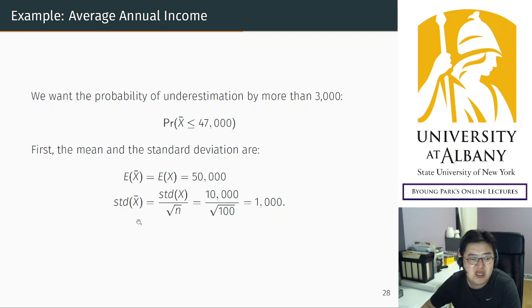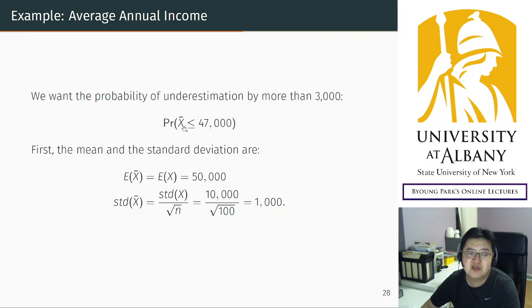We learned these two results from the patterns we found earlier. And then you know all these numbers: 50,000 and 10,000 divided by the square root of 100, which is simply 1,000. So these are the mean and the standard deviation of the sampling distribution for the survey average, right?